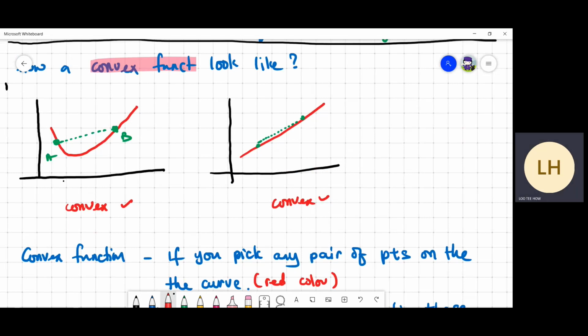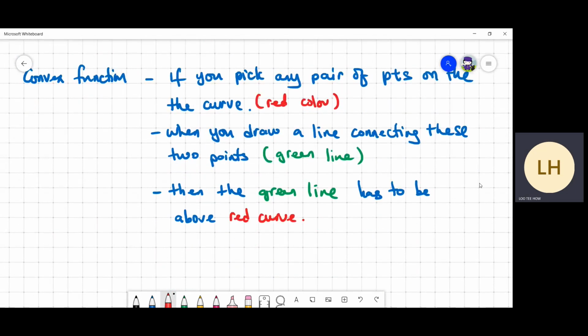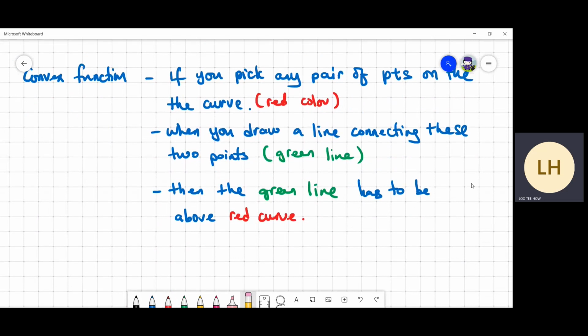The green color straight line connecting the 2 points must always be above, or identical to, the original curve, the red color one.